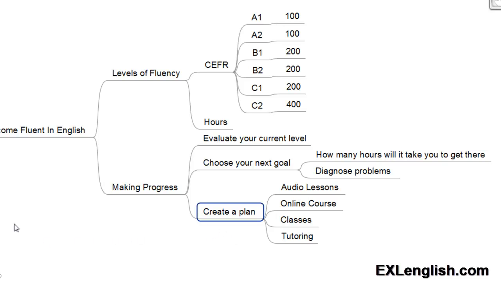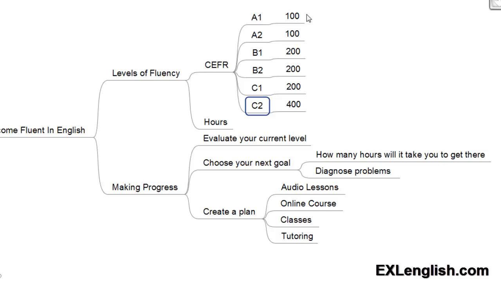And obviously, the more you study, the more intensively you study, the faster you can reach that level. So for example, if you study 15 minutes per day, it will take you longer to reach that level than if you studied 8 hours every day. So if you study 1 hour every day, you could go from level A1 to C2 in about 3 years.